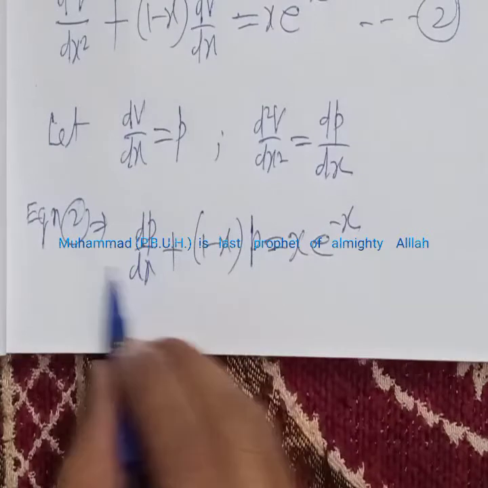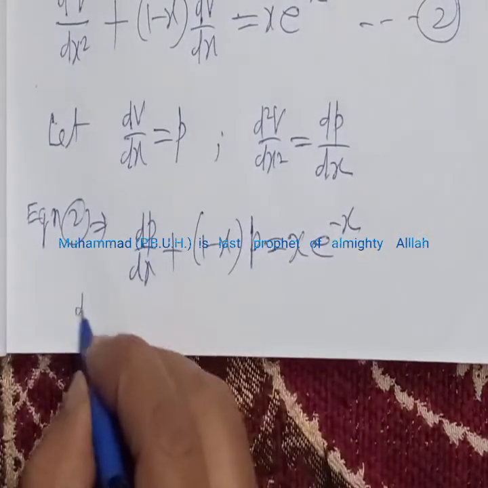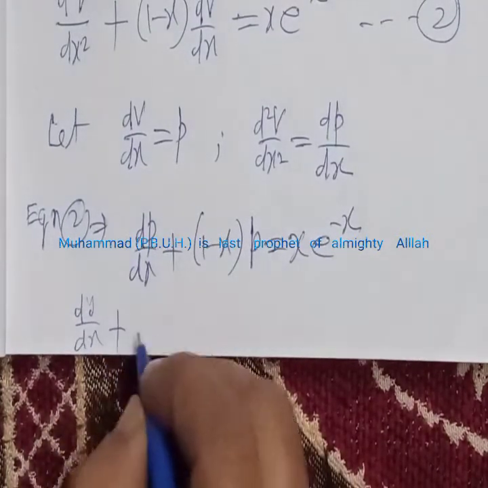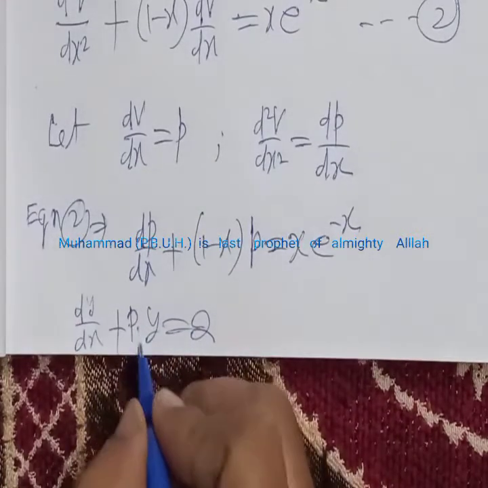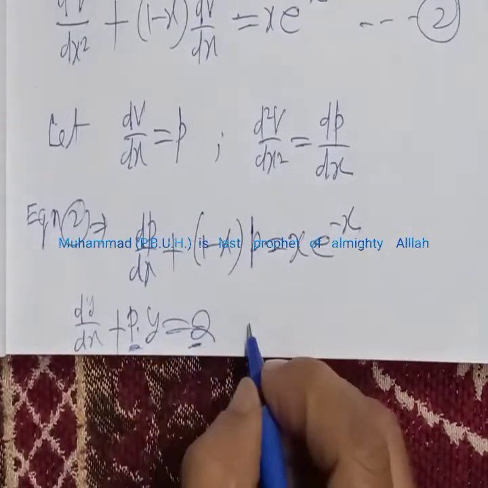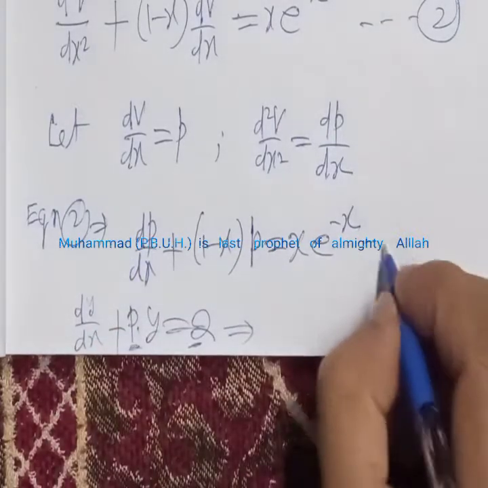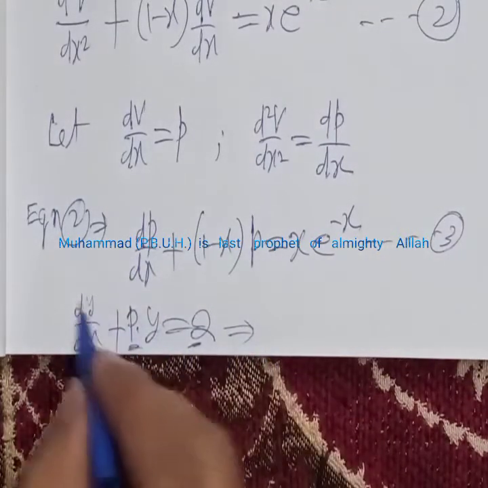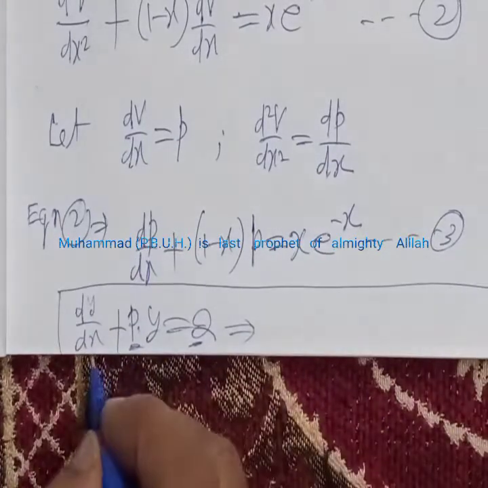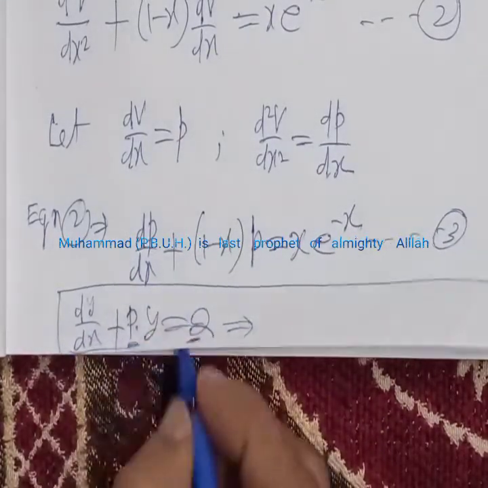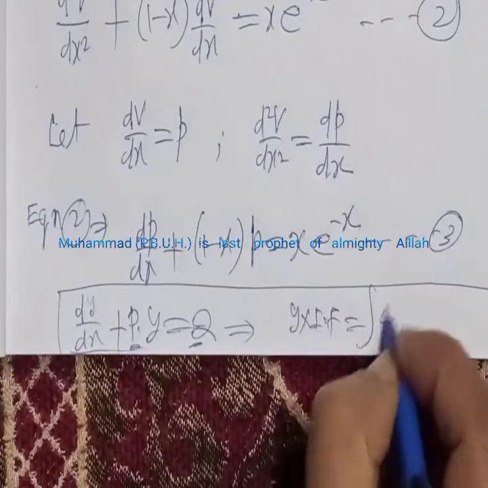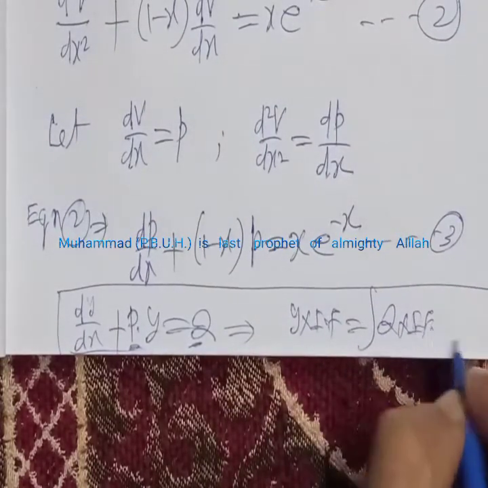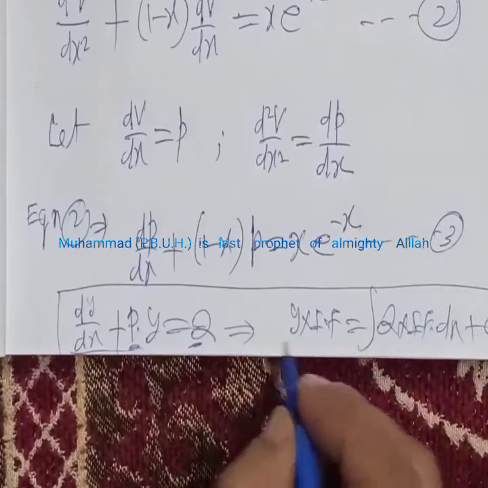Compare this equation with dy over dx plus Py is equal to Q, so that we can easily find the values of P and Q and the solution of this equation 3, because we know that the solution of this differential equation is y into integrating factor is equal to integral of Q into integrating factor dx plus constant of integration.